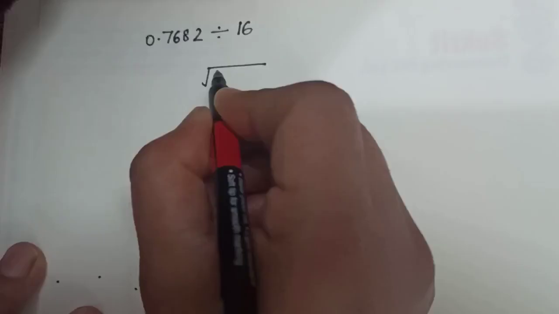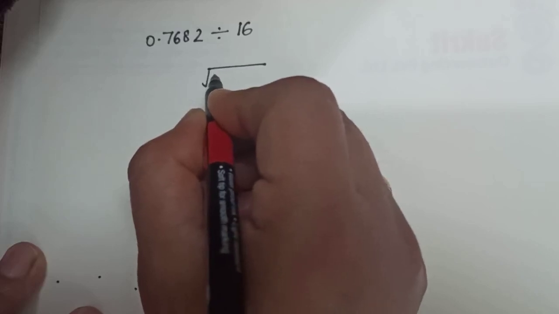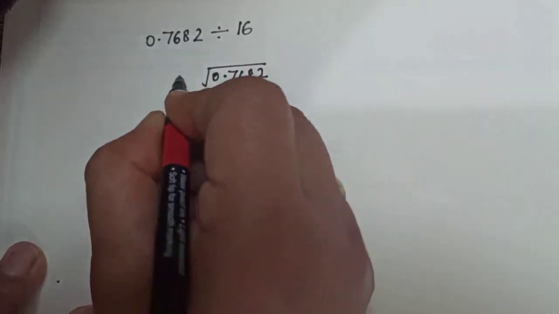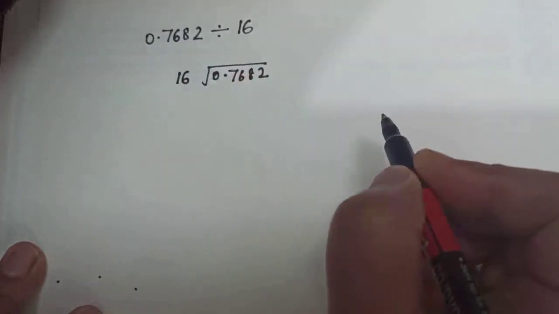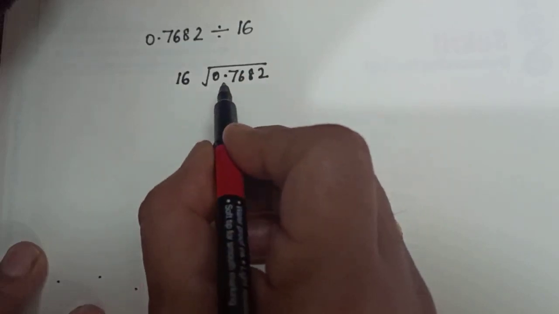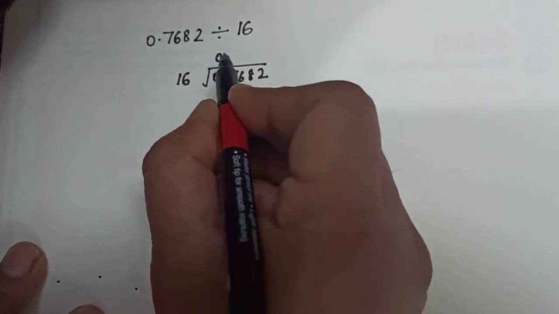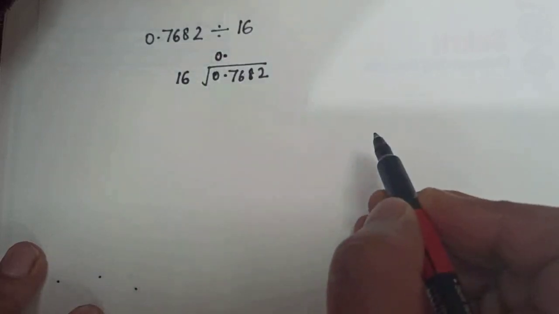Now the next example, 0.7682 divided by 16. So let us write the dividend inside, 0.7682. The divisor is 16. Now in the beginning here we get the decimal point. It means in the quotient also we will have to start with a decimal.